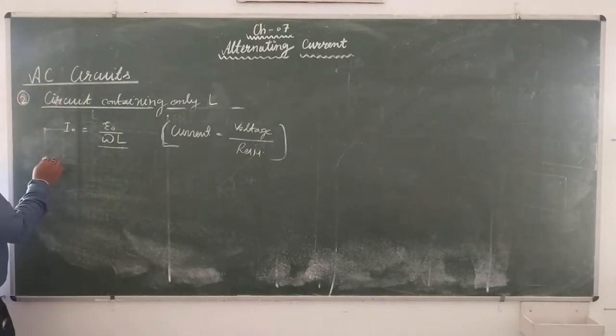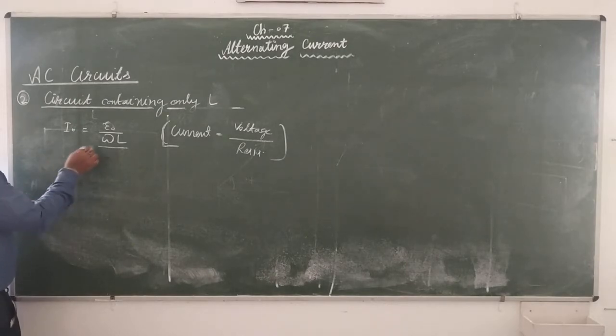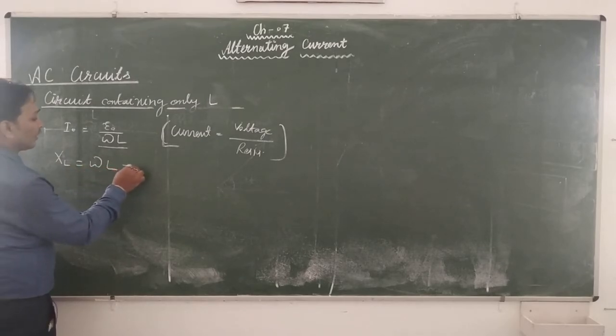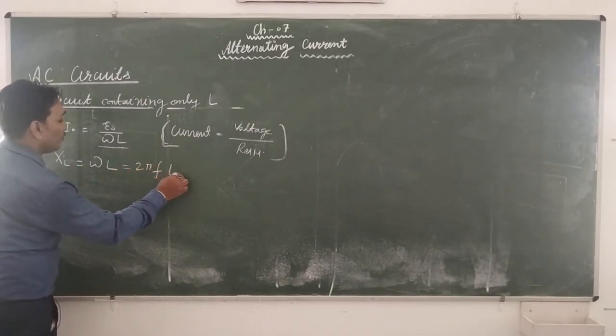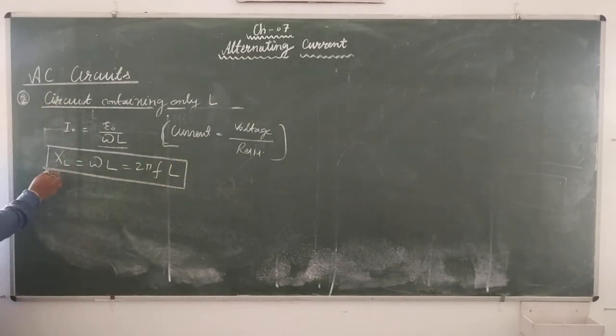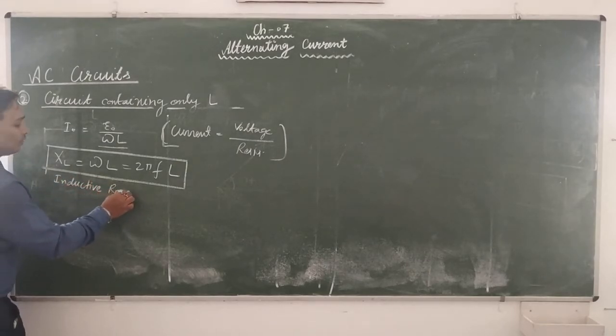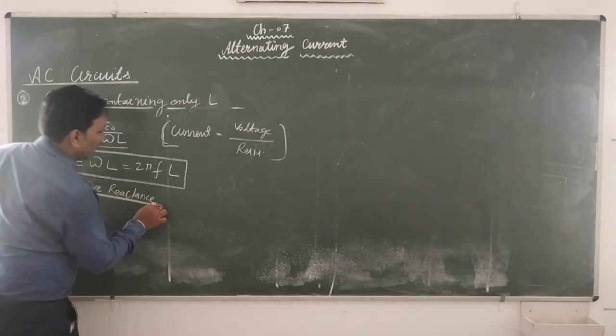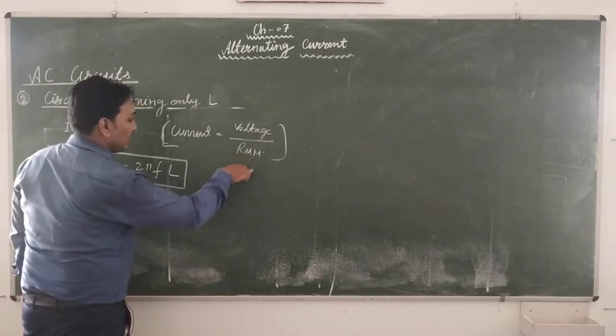We denote this omega L as XL, and it is equal to omega L. In place of omega, we can write 2 pi f into L, where f is the frequency. And what is this XL? XL is called inductive reactance. It has the same role to play as the resistance plays in the circuit.